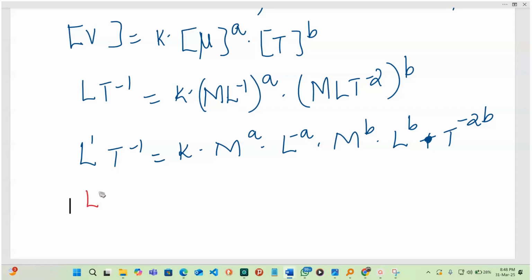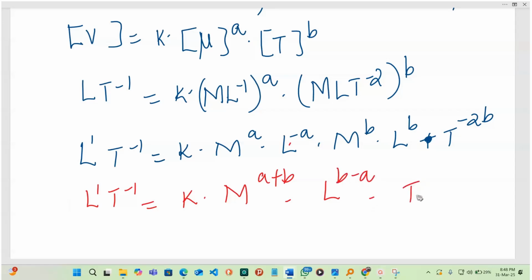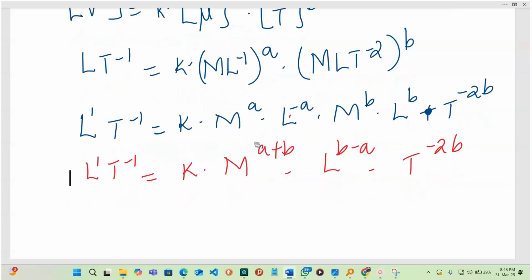So the M's I bring together, this is going to be M to the power A plus B, times L to the power B minus A, times T to the power negative 2B. Remember on this side, we have M to the power 0.